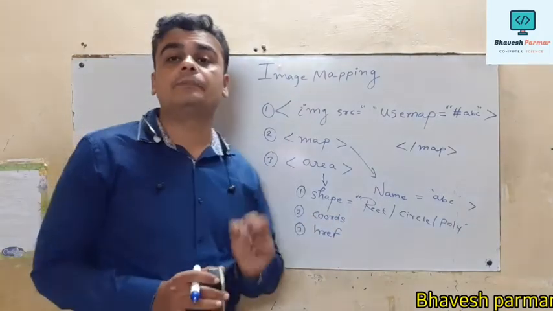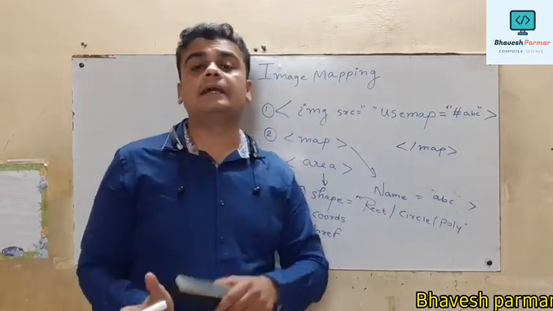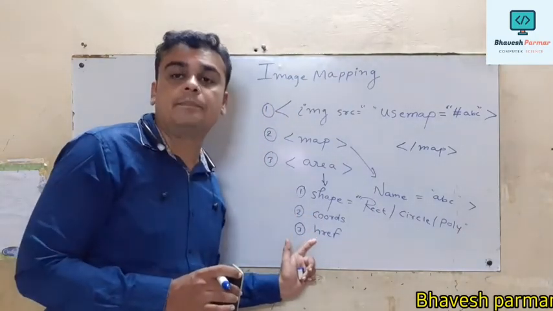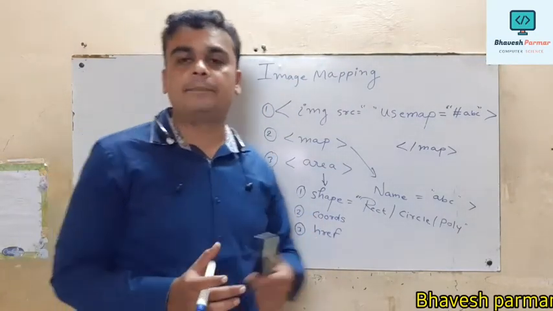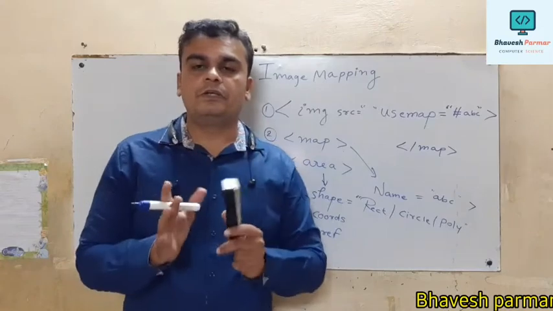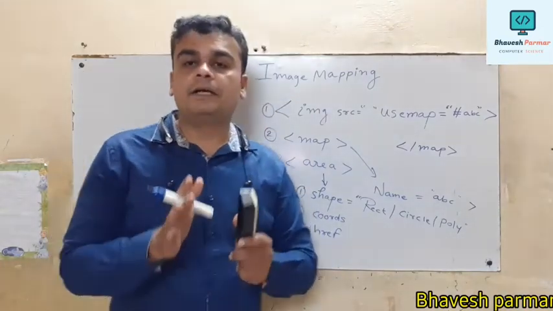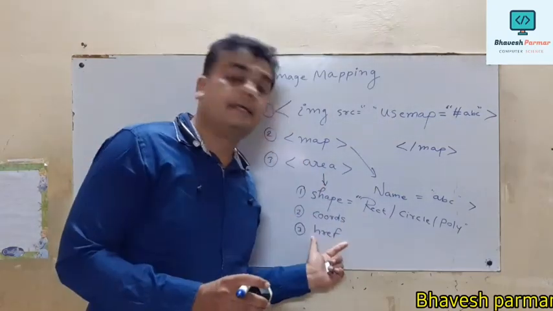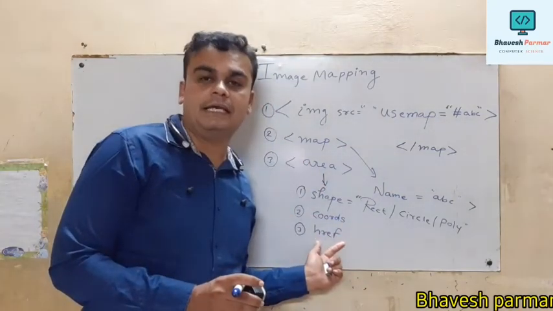The coords attribute represents the coordinates related to that geometric shape. And the last one is hypertext reference, which you may also call hyperlink reference. If we want to link a particular shape with a particular program, it is linked with the href attribute.